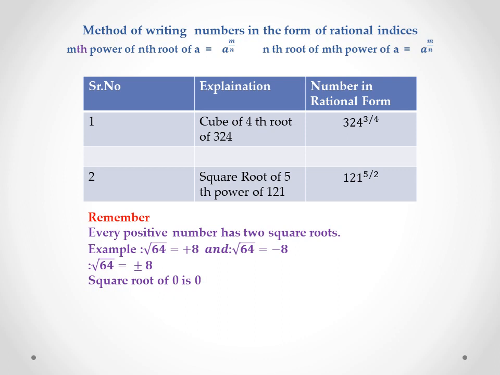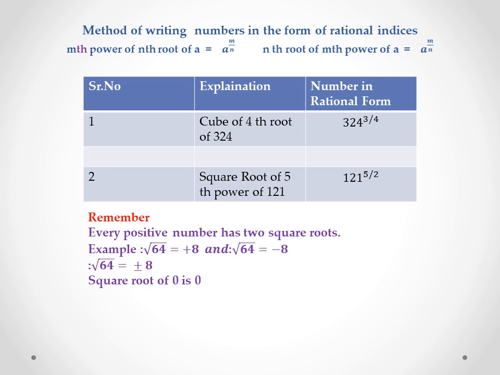Square root of fifth power of 121. Square root means denominator is 2, which is the root. Fifth power means 5 is the numerator, that is you will get 121 raised to 5 upon 2. Means you may consider here that the power is in the numerator and the root is in the denominator, and you will convert the given explanation into its rational form there.